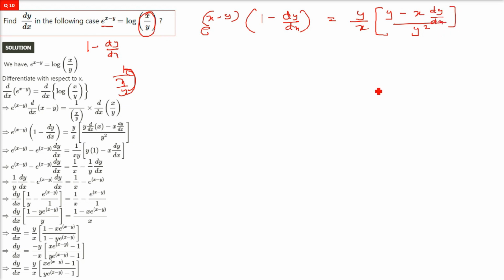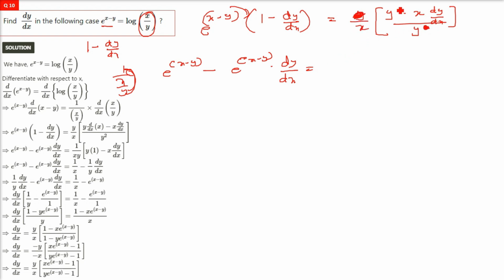Okay. So this is, what do we get? Everything is depending upon dy by dx. Wherever it is, bring it out one side. Alright. So let us see how we can do this. E raise x minus y, and multiplying inside, and minus e raise x minus y into dy by dx equals to, now one y we can cancel before multiplying the outside with inside.